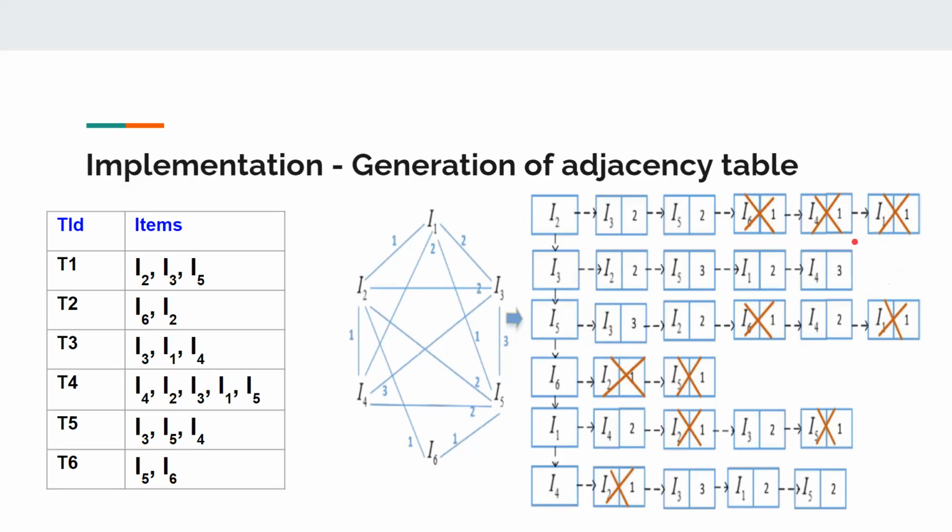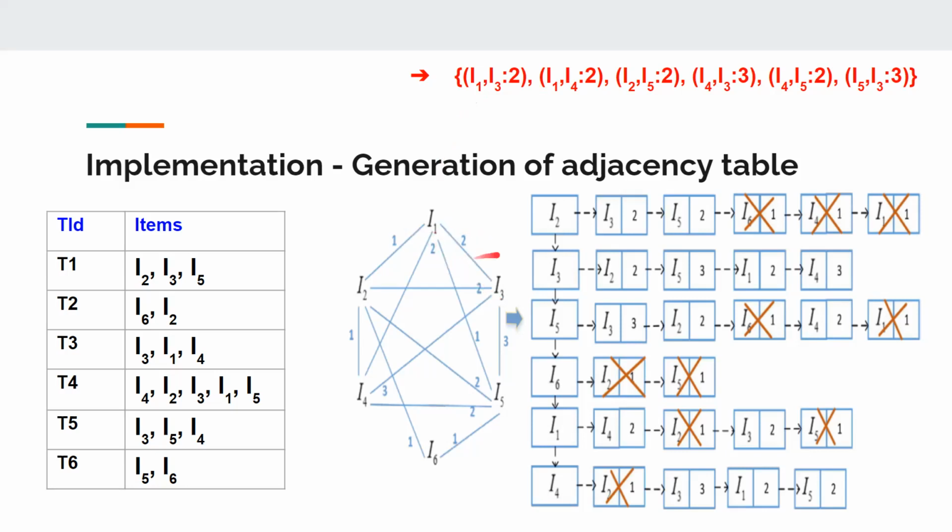Then the next step is mining of frequent item sets. That gives us the single dimensional frequent item sets. Here I1 and I3 are related with count 2, and I1 with I4 with 2, and similarly for the other node connections. Some single dimensional frequent item sets are subsets of 3 frequent item sets.